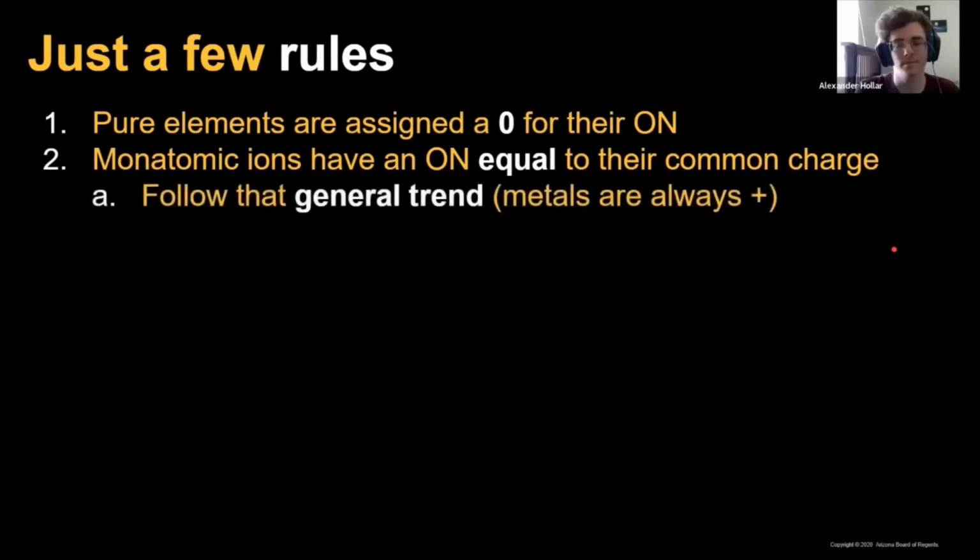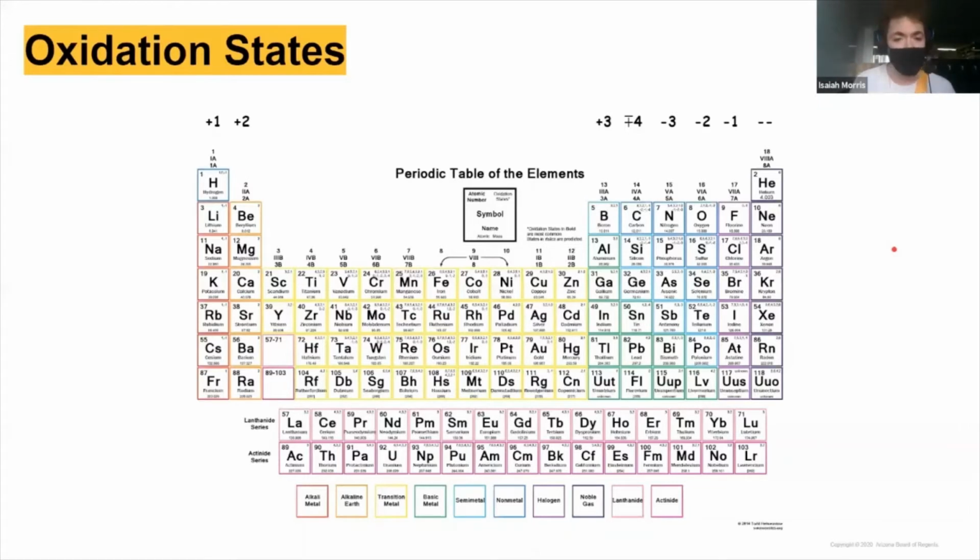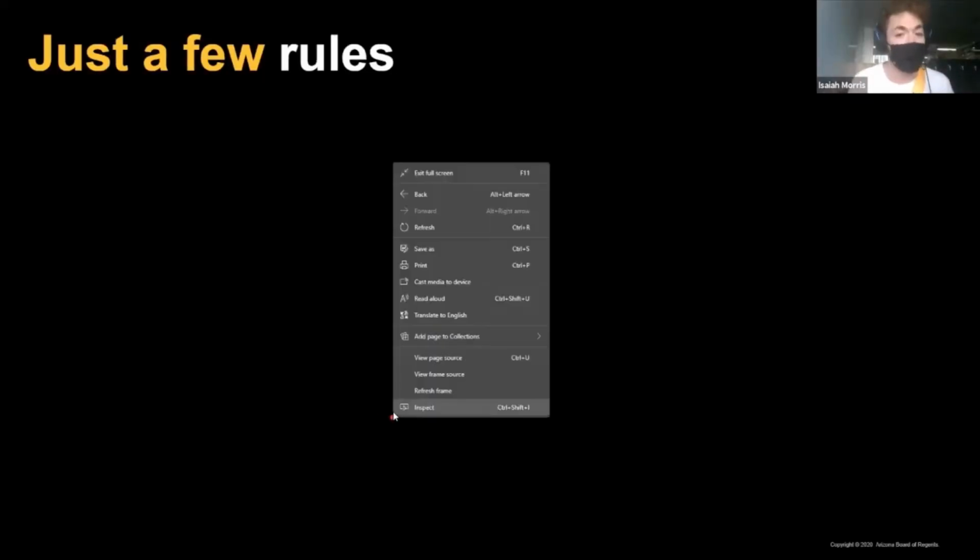It follows that general trend, where depending on which group, it depends what common charge you carry. If you want to go back to that periodic table really quick, Alex, for me. We can see that we increase by +1, +2. Then when it comes to transition metals, they are a little funky. They have some different rules, so they don't really follow a general trend like the rest of the groups do.